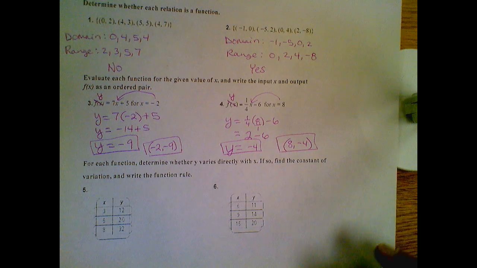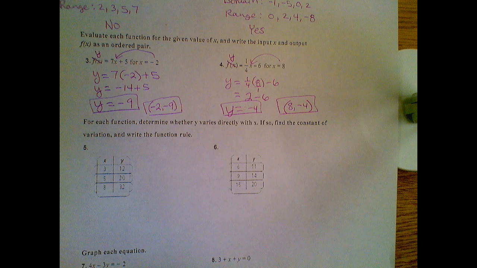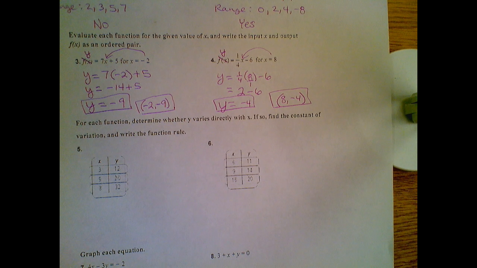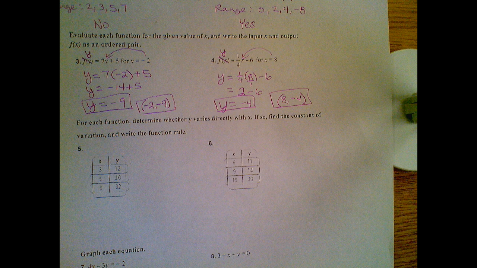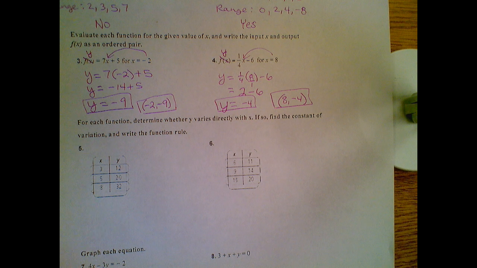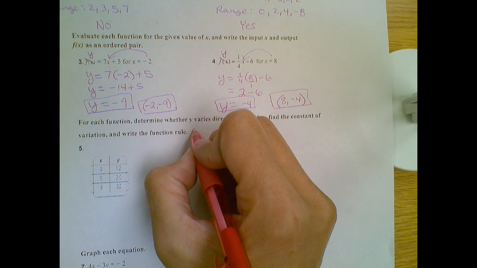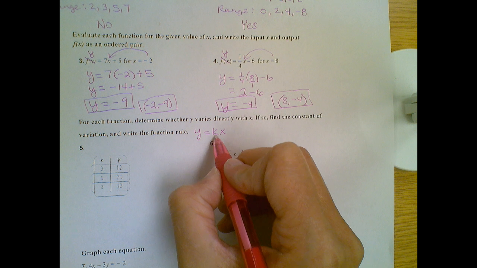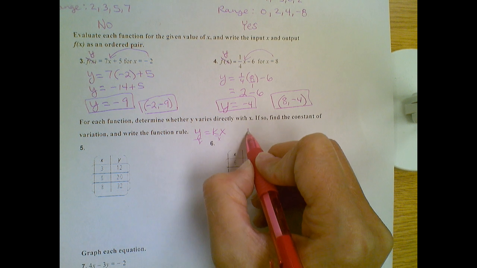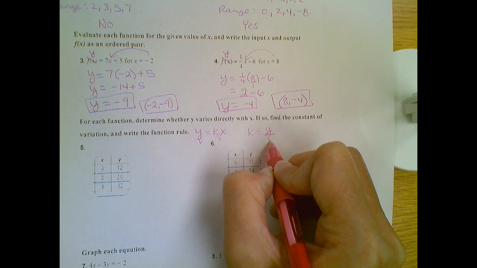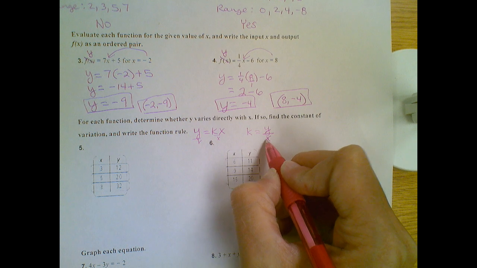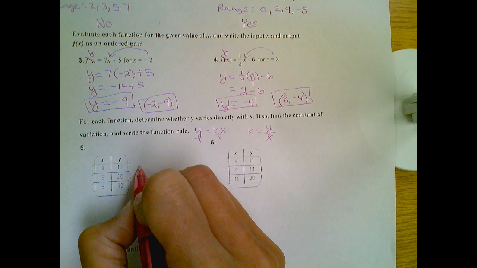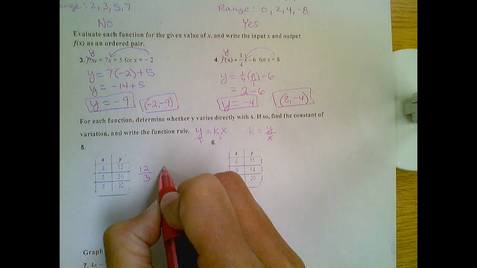All right, the next part, they want to know, for each function, determine whether y varies directly with x. If so, find the constant of variation and write the function rule. So our equation for direct variation is y equals kx. Now if I get that k by itself and I divide both sides by x, my constant is y divided by my x. So we're going to take our y values divided by our x values.